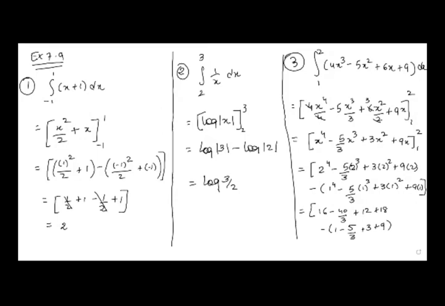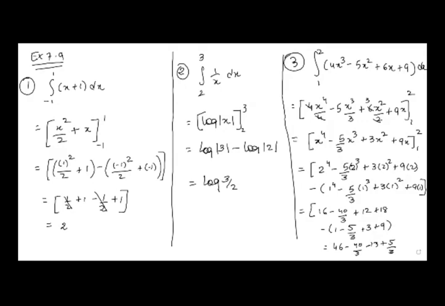So this is 30 and 46. 46 minus 40 by 3. And this is minus 1 minus 5 by 3 plus 3 plus 9, that is 13 minus 5 by 3.